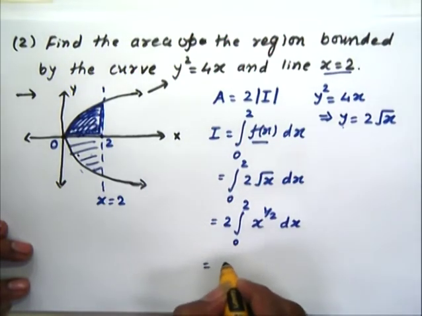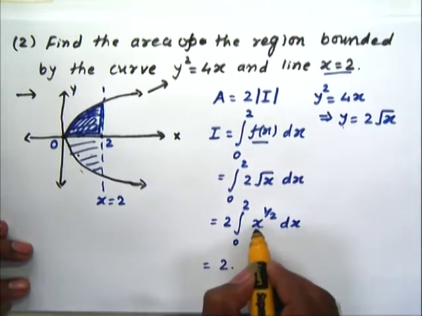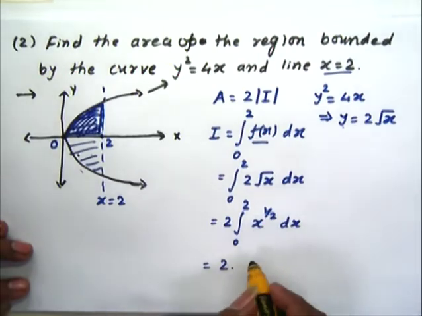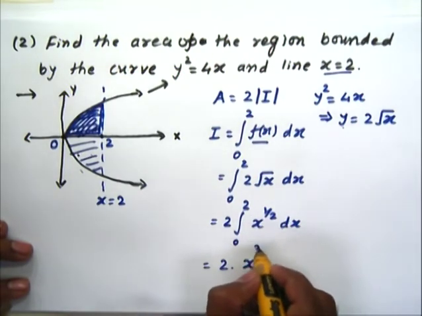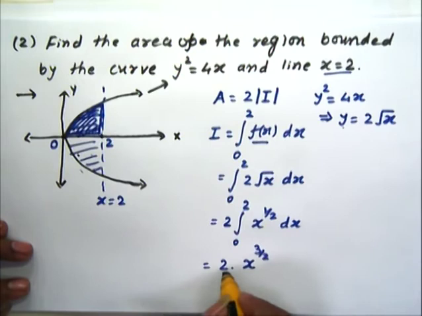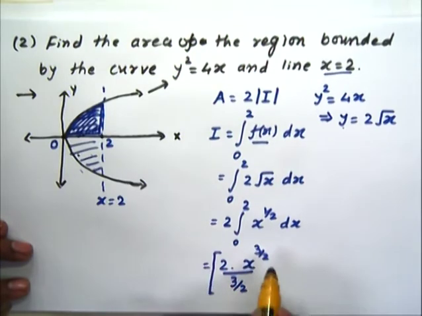Now, what is the integration of x raised to 1 by 2? Integration of x raised to 1 by 2 is x raised to 1 by 2 plus 1, which is 3 by 2, upon 3 by 2, from 0 to 2.